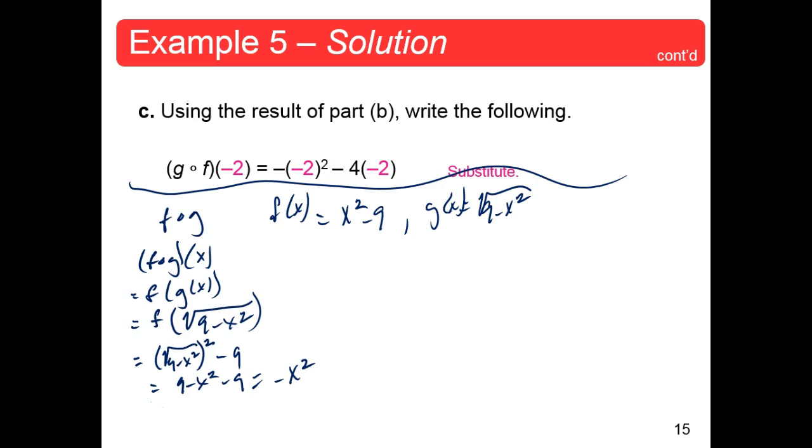What's the domain here? 9 minus x squared has to be greater than or equal to 0. Okay? Now, can you sort of think your way through that a little bit? What would that tell you? You can do the math. That's doable. But if you just think about that.